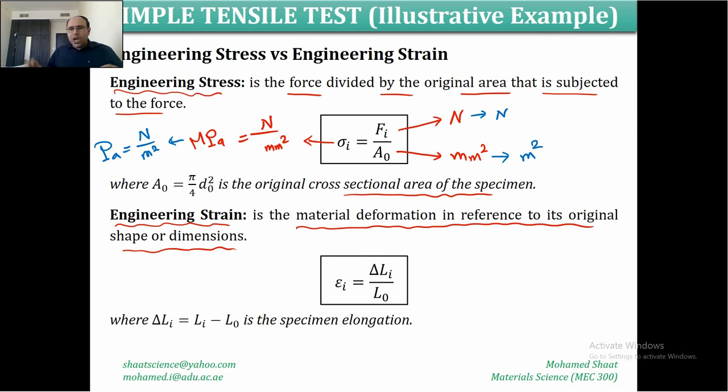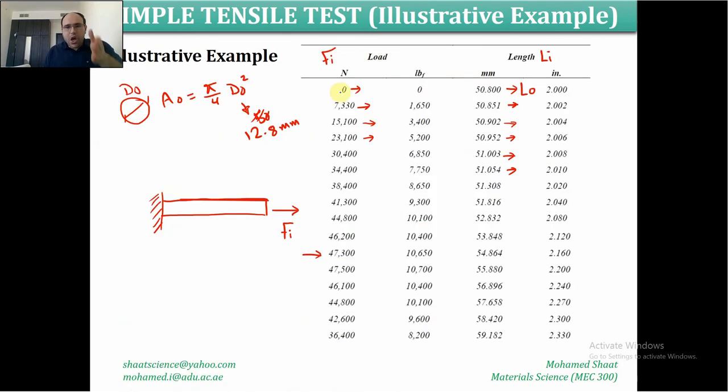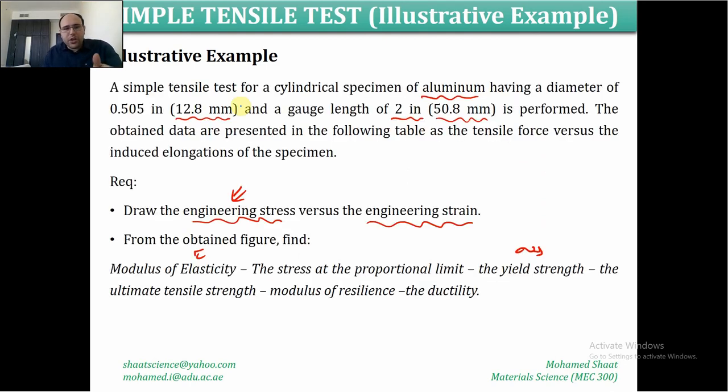So simply, as the table is already given to us here, all the forces were given in Newton. So there is no need to do any unit conversion for the Newton, and all the dimensions were given in millimeter. The same thing, the cross-sectional area, the diameter was given in millimeter. So in that case, there is no need to do any unit conversion.